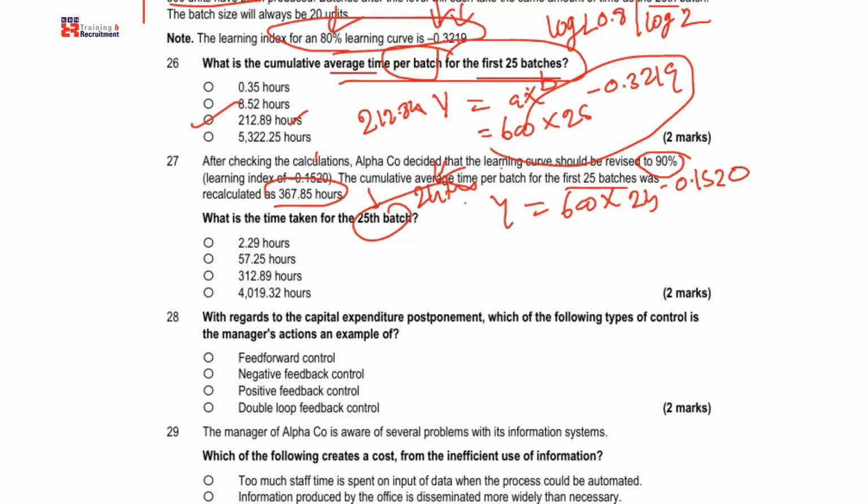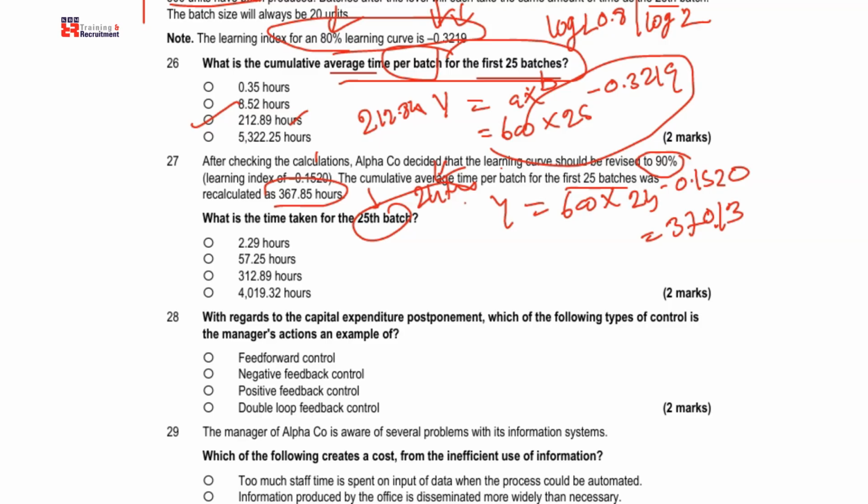24 to the power minus 0.1520. I got 0.616890. Then I multiply by 600, and I get 370.13.